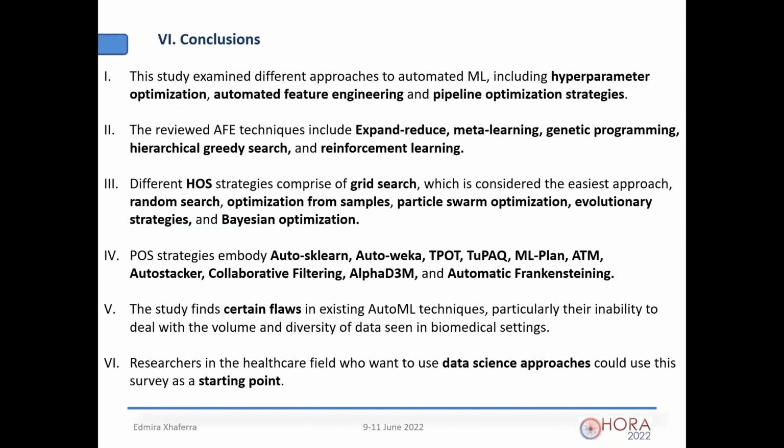At the end, in the conclusions, this study examined different approaches to automated machine learning, including hyperparameter optimization, automated feature engineering, and pipeline optimization strategies.